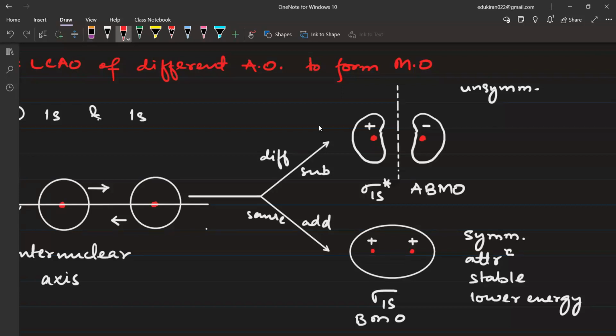Right? So this is positively charged. Both of these are positively charged, and in between there is no electron. So both of them will be repelling each other. ठीक है? तो positive negative देखे charge नहीं समझना है. So here we are having repulsion. This will be unstable because it is having repulsion, and it will be having higher energy.